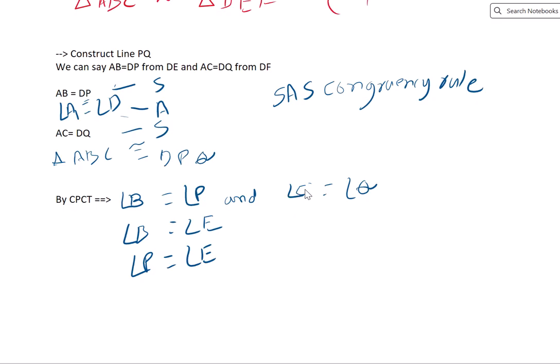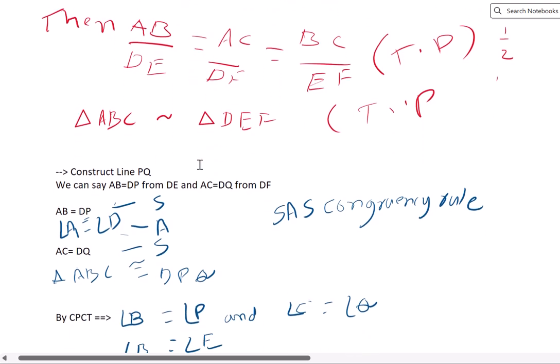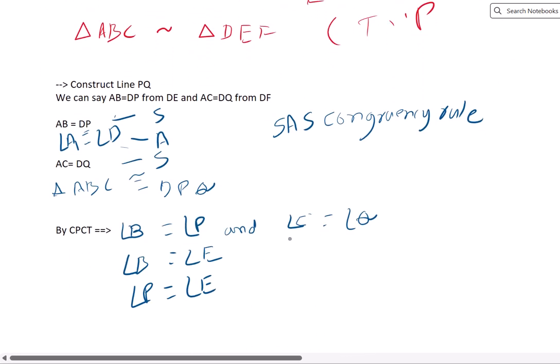Similarly, angle C equal to angle Q, what is given? Angle C equal to angle F. Let's write the given. Angle C equal to angle F is given. These are given.